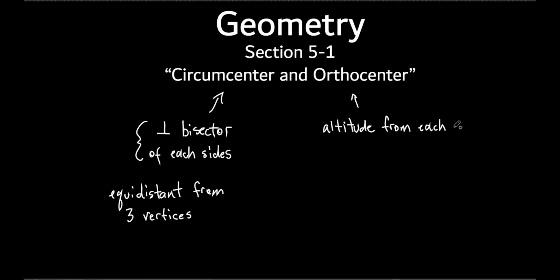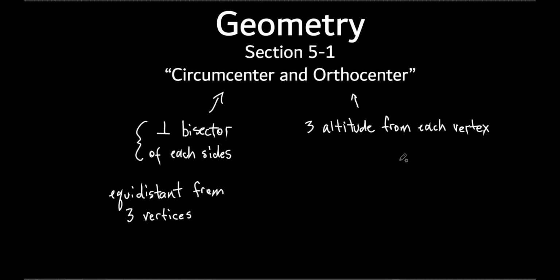Okay? I'll just say from each vertex, to the opposite side. So from the vertex, you go to the opposite side, perpendicular. You find the altitude, which means it's perpendicular. So you start at a vertex, you go to the altitude to the opposite side. That's how you find it. There's three of them, right? There's three altitudes because there's three vertices.